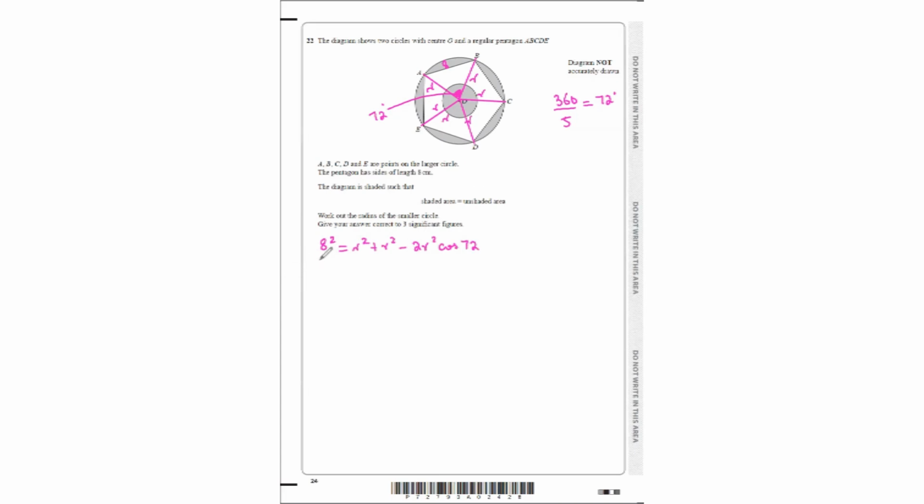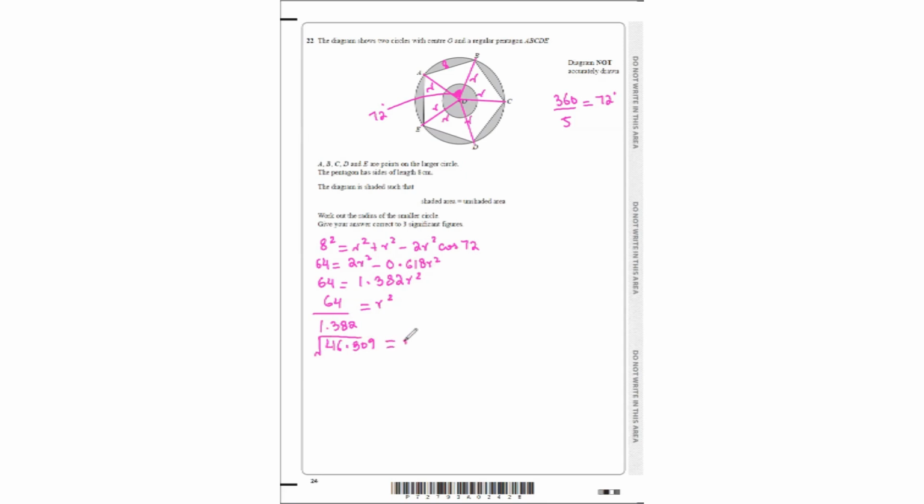So that's going to give us 64 equals 2r squared minus 0.618r squared. 64 equals 1.382r squared. 64 divided by 1.382 equals r squared, which is going to be 46.309.